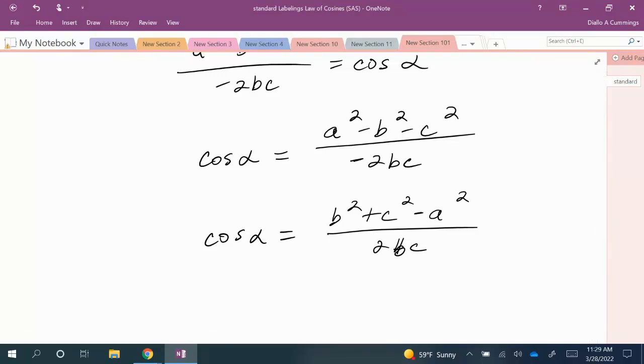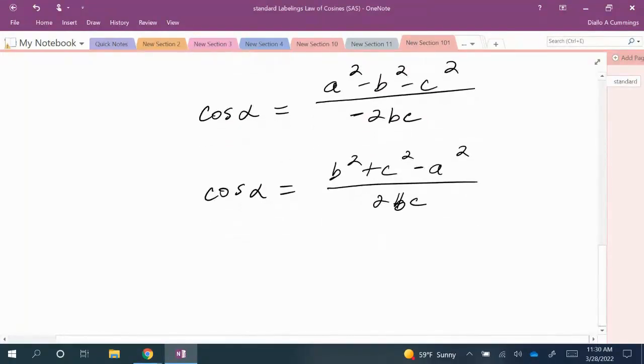In essence, I have the exact same thing; the only difference is my denominator is now positive. From this point, I'm going to take the arc cosine of both sides. Once I take the arc cosine of the cosine of alpha, out pops alpha.